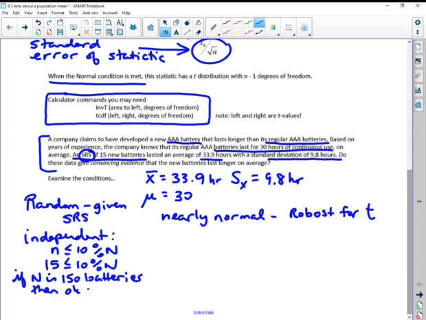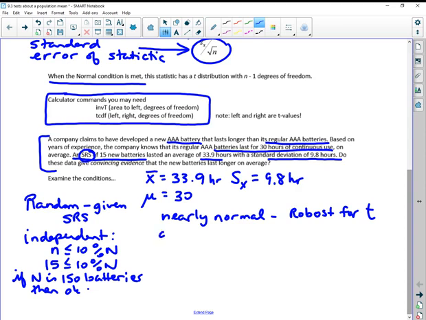If it was over 30, that would meet the condition because you would have CLT. If you were between 15 to 30, you can have some slight problems about normalcy, like there can be some skew, but definitely no outliers. If you're below 15, you'd need to have no clear skew, no clear violations at all.